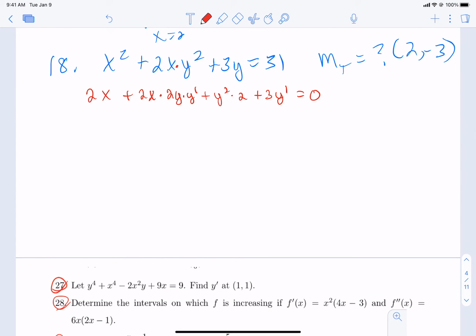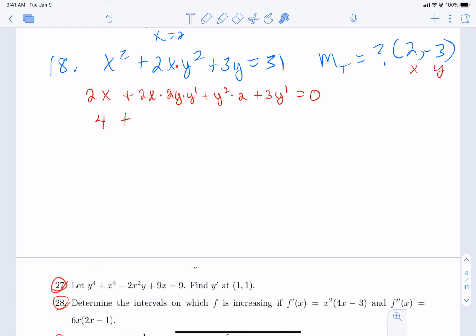Okay. Now we want to know what the slope of the tangent is at the point (2, -3). What's great is we have an equation with x's and y's and y primes in it, but we have the x and the y. So every place we see an x, we're going to put a 2. Y's are going to be a -3. We'll be able to find y prime. So we're going to get 2 times 4.